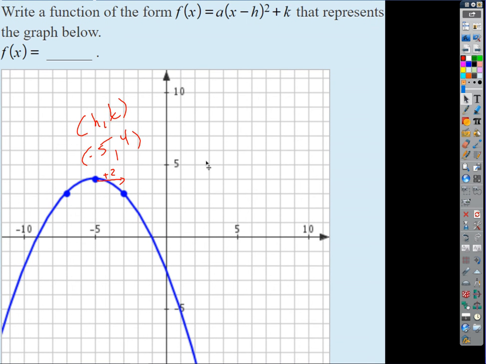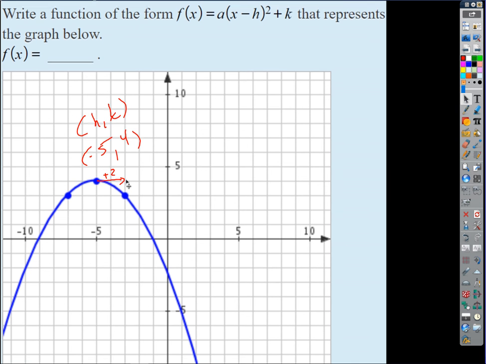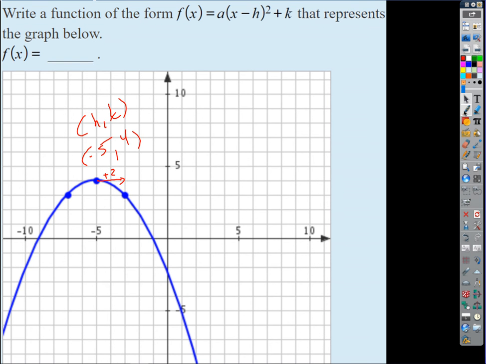Okay, normally we'd go over 2 and up 4, right? But we didn't. We went over 2 and down 1. That make sense? Yeah, it is. We went over 2 and down 1.